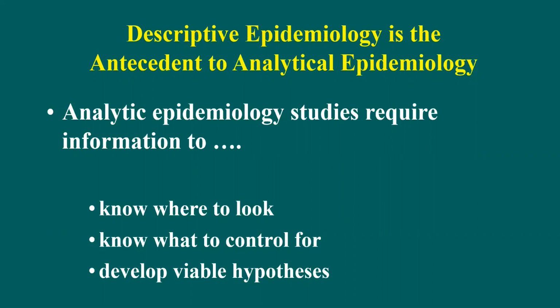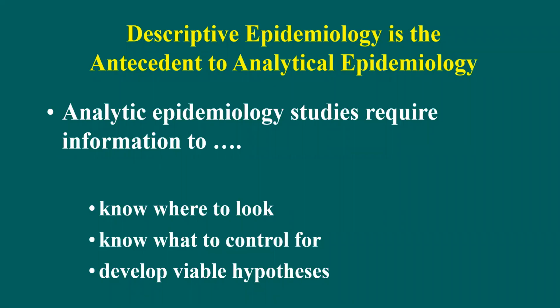So in terms of sequence, usually descriptive epidemiology is what actually starts when you are really trying to understand some of the things. Usually you don't first start to analyze things without first understanding and describing them.